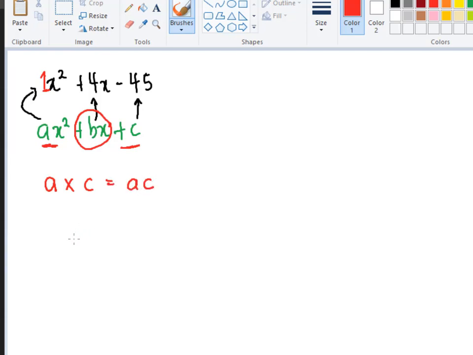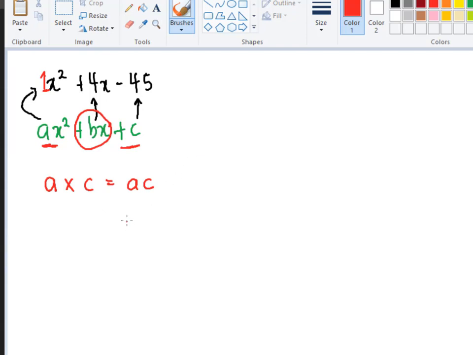Now, the next step is to look at some factors of the product of a and c. Obviously a and c are not letters or variables, but values. So when we multiply them, we get a single number. Out of that number, we deduce certain factors of it.